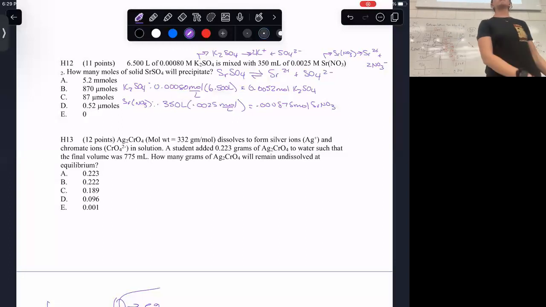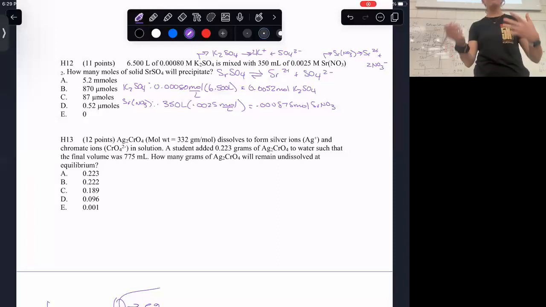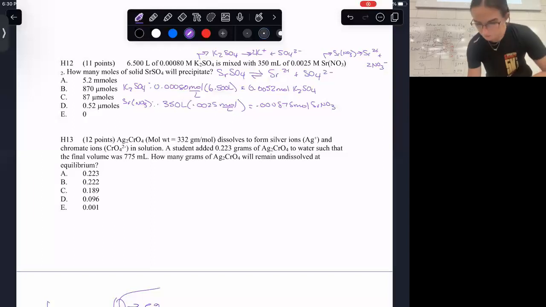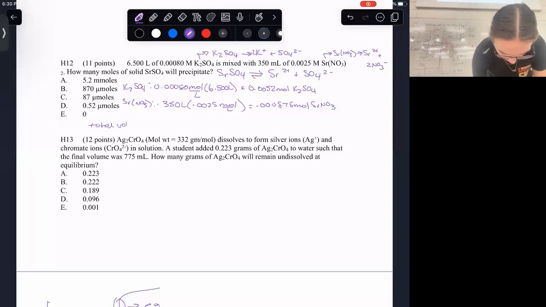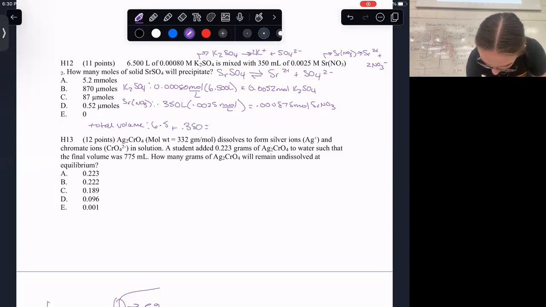In KSP, do we work in moles or molarity? Molarity, because we always use concentration of ions. So we need to solve for concentration from these moles. What is the volume we have to use? The total volume, which is 6.5 plus 0.350, or 6.85 liters.